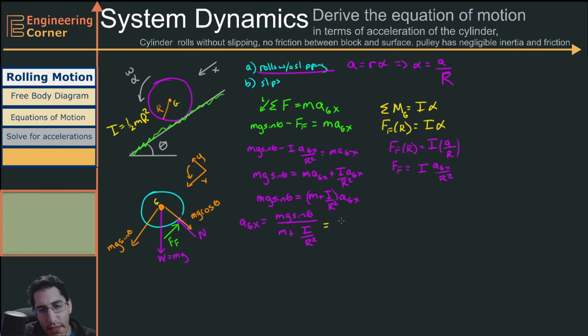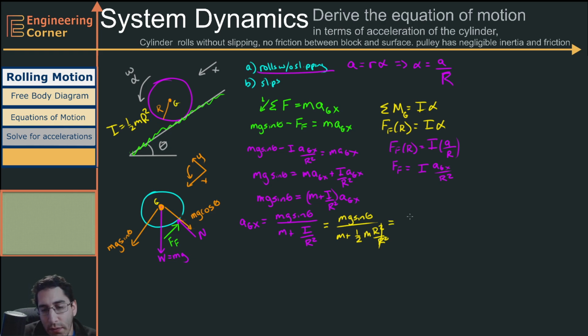So this is going to be equal to mg times the sine of theta over m plus 1/2 mr squared over r squared. They're going to go away. So now we're going to have m plus 1/2 m.